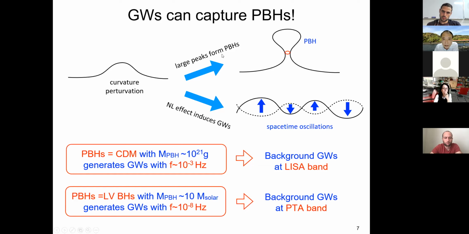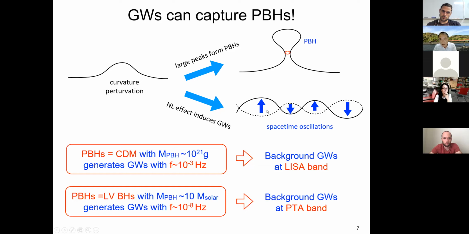The large peaks of the curvature perturbation, which are large enough, would form primordial black holes, but in most regions the amplitude of the curvature perturbation won't be so large. Then, when they enter the horizon, meaning when the wavelengths become shorter than the horizon, they start to oscillate like sound waves, and these space-time oscillations would produce gravitational waves.